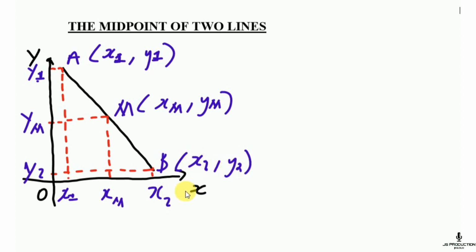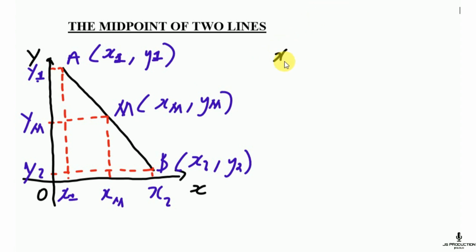As you can see, I have x2 and y2. So the midpoint of line AB can be represented by capital letter M, and the coordinates of point M are xm comma ym.